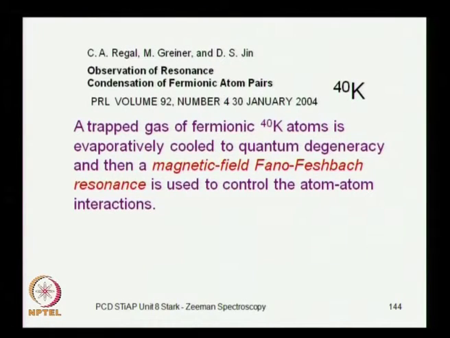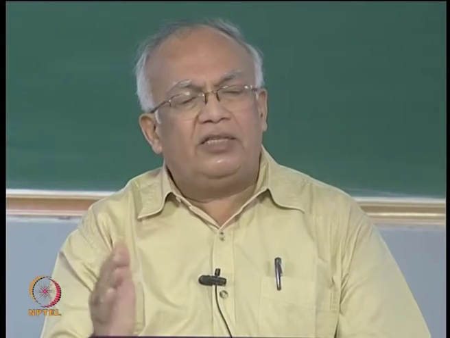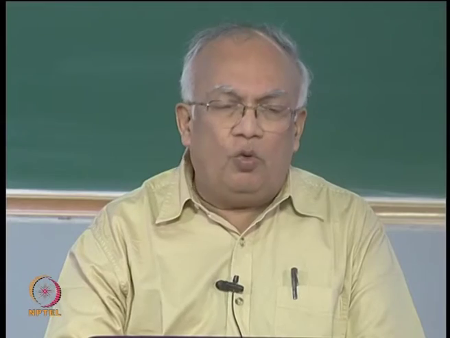The Fano-Feshbach resonance is a very fascinating phenomenon which comes from an interaction between bound to bound transitions and bound to continuum transitions. It is a resonant phenomenon, and on one side of it you have a Bose-Einstein condensate, and that is what has been achieved through a correlation effect.